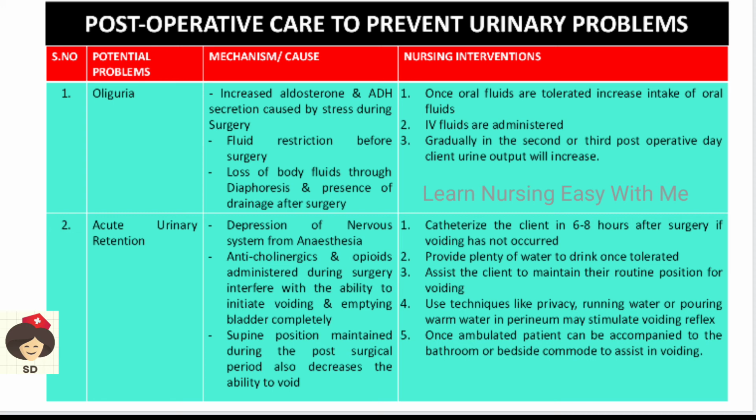Other techniques like providing privacy and pouring some water on the perineum will stimulate the micturition reflex, so you can use those techniques. Once the patient can ambulate, you can take the patient to the bathroom or sit them on the bedside commode, so that in the usual position the patient will start voiding and retention can be prevented.